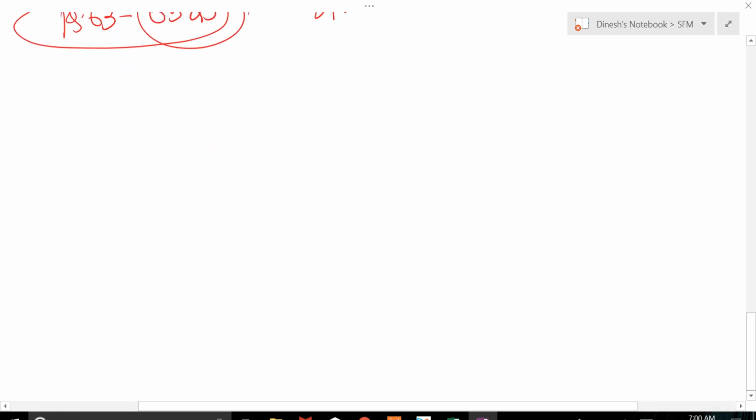Please listen, this is important from a problem-solving point of view also. The quote is like this: rupees 65.25 hyphen 65.75. What is the bid rate here? What is the ask rate? Clear? Any doubts on this?